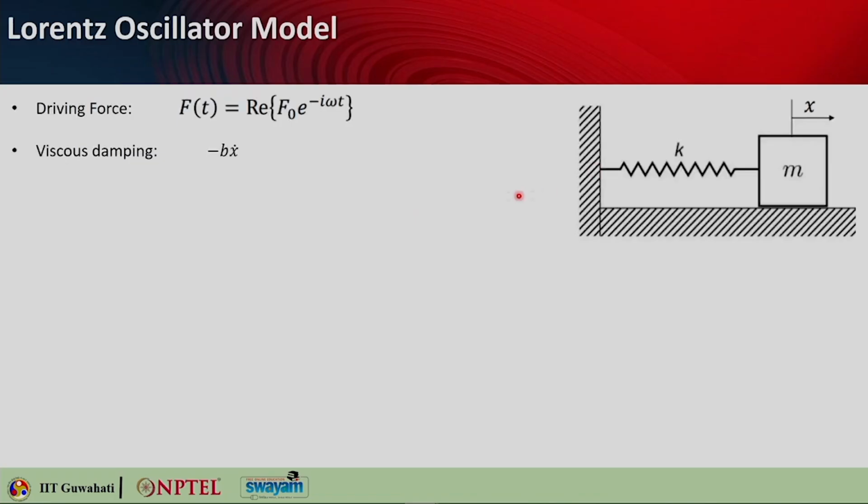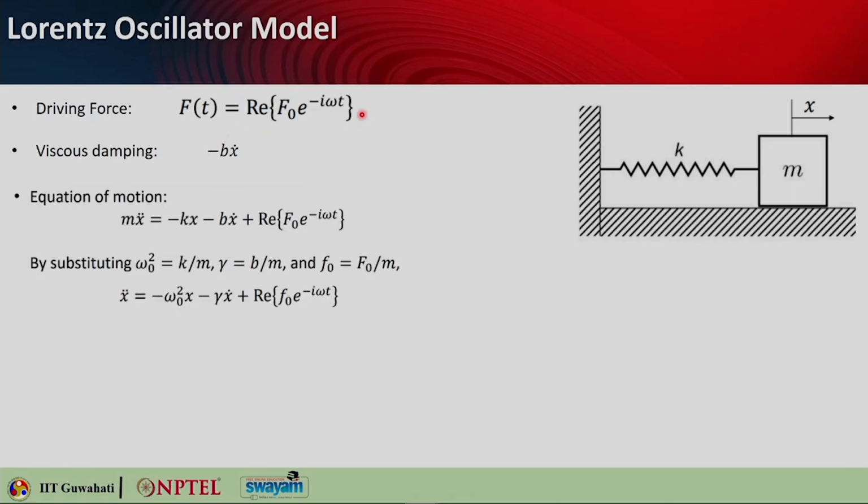Now, if you take this spring mass damper arrangement for this system, the driving force can be written as F(t), which is the real part of F0 e to the power minus i omega t. You can go for the viscous damping given as minus b x dot.